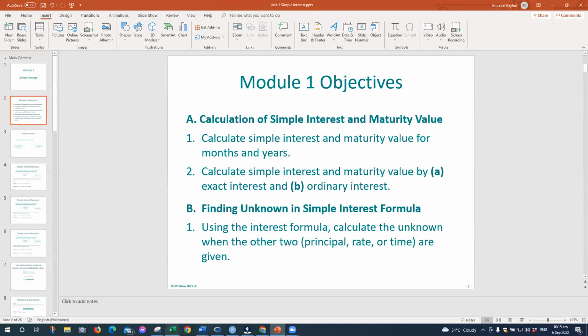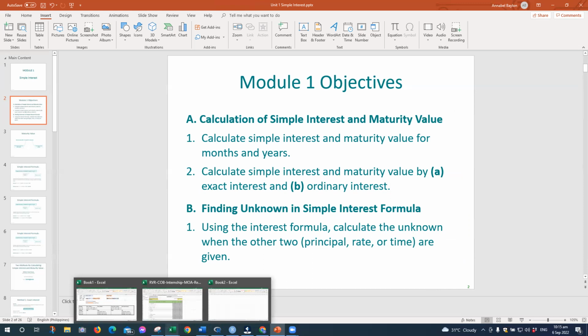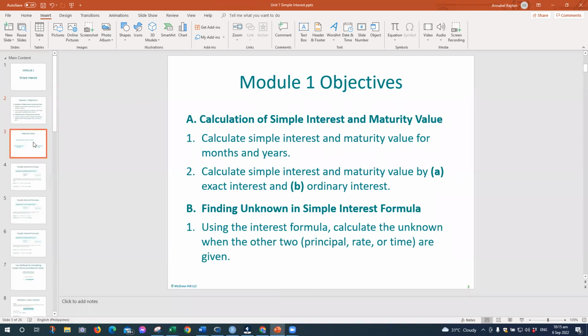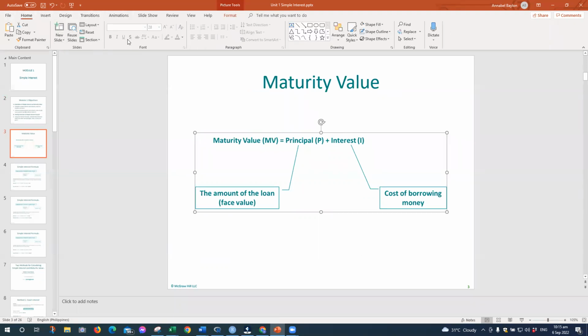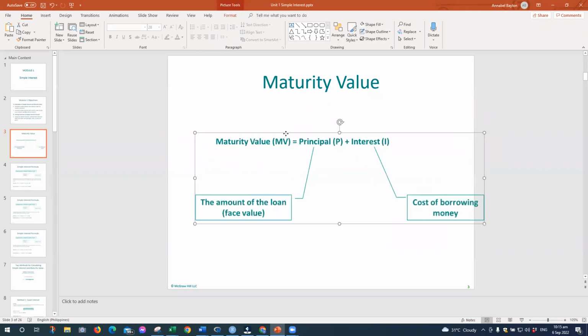And we're also going to make use of Excel as a tool for our subject. Okay, so the basic principle, the formula.